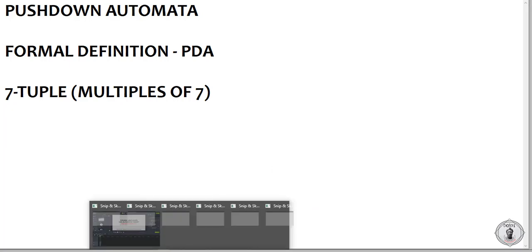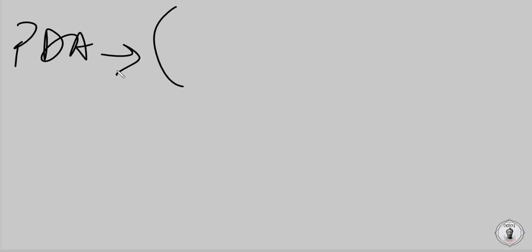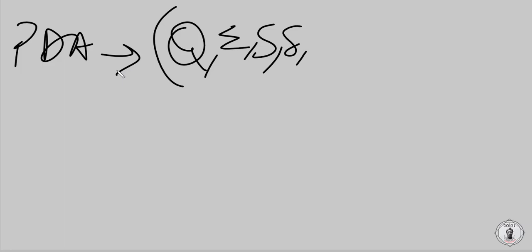The definition goes thus, where you have a PDA with Q, sigma, S, delta, which is a transition function, Q naught, which is your start state, I, which is your topmost element in your stack, and F, which is your final state.